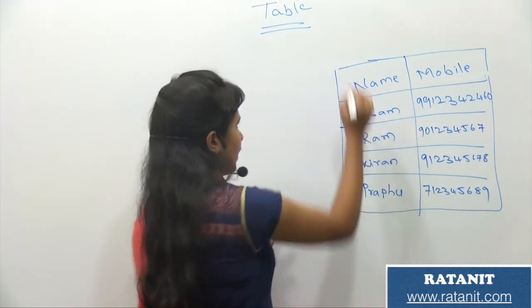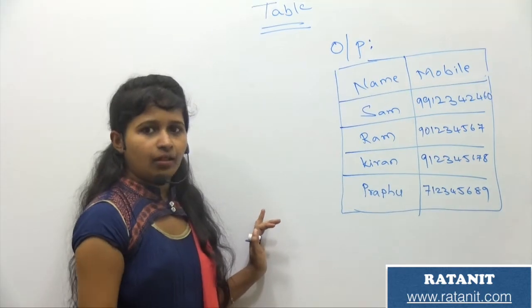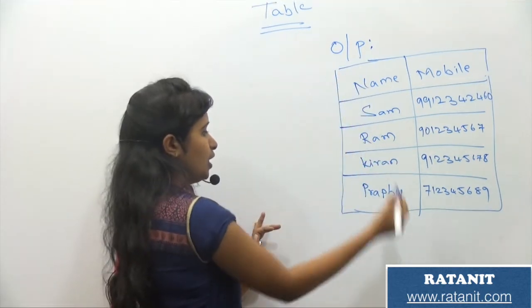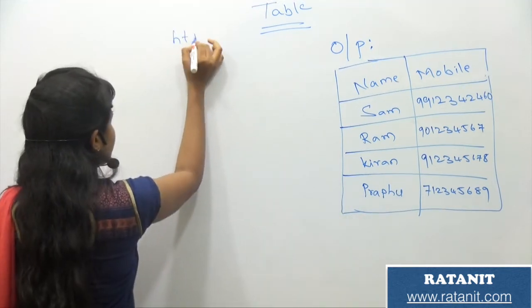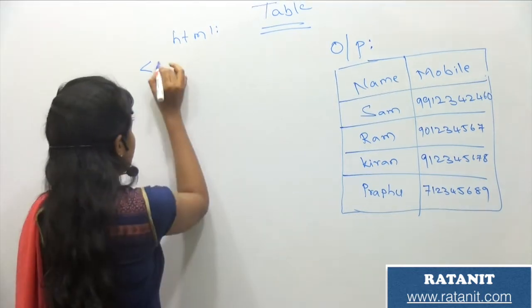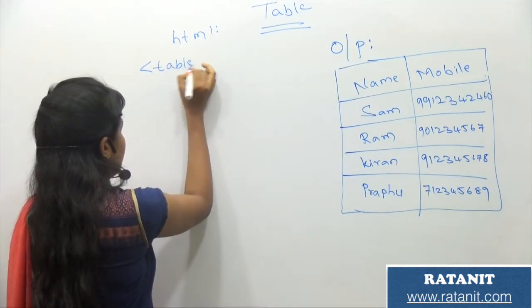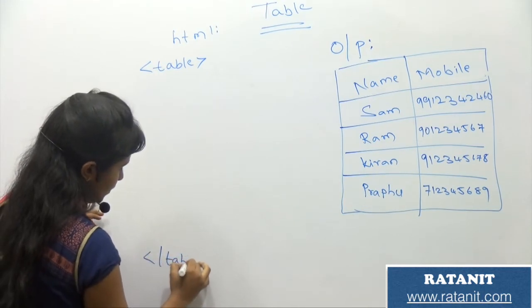To print like this, how are we going to write our HTML page? First we are going to see how I write my HTML page. See, here is my HTML code. First I need to take a table and I need to close this table.